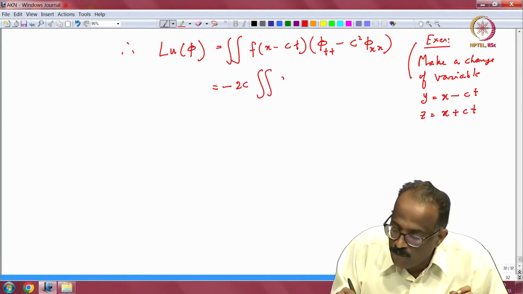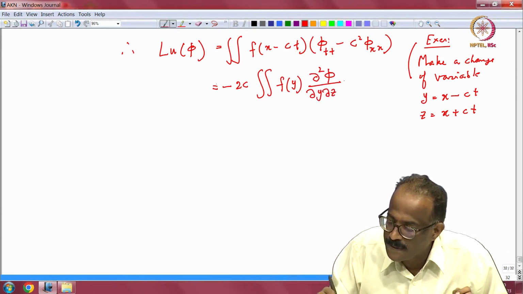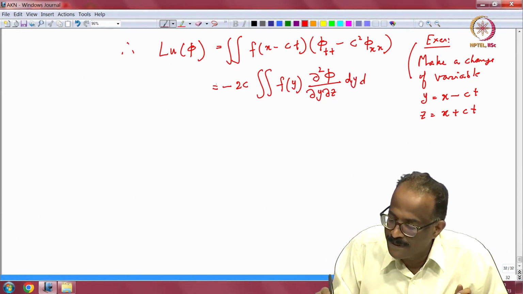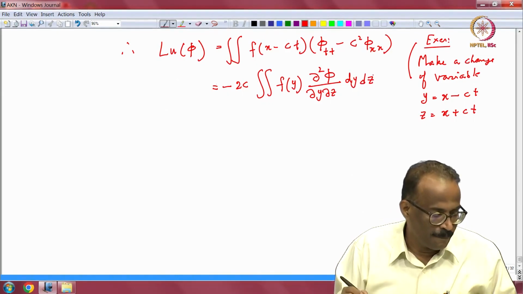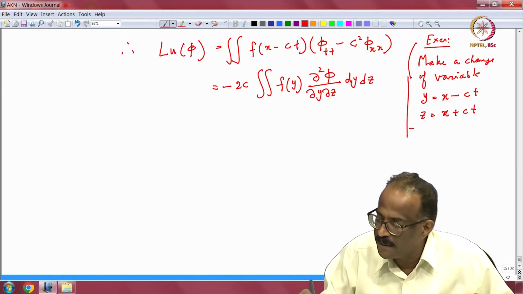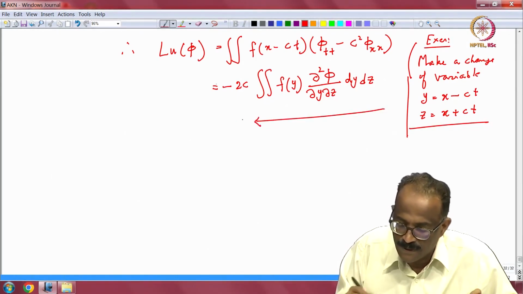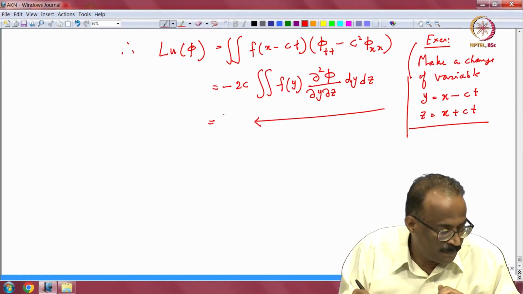It will be f of y, d square phi by dy dz is equal to... Okay, so the exercise continues here, and the exercise is further: show that this is nothing but 0.